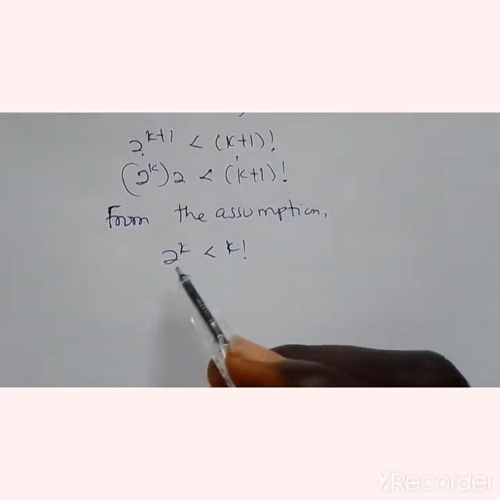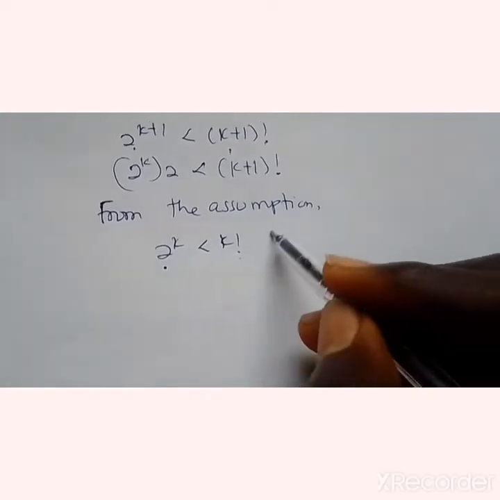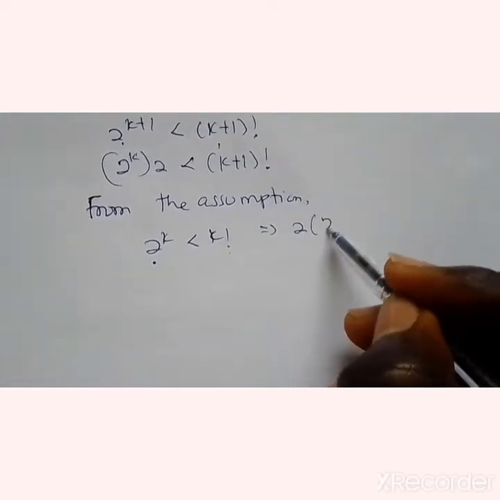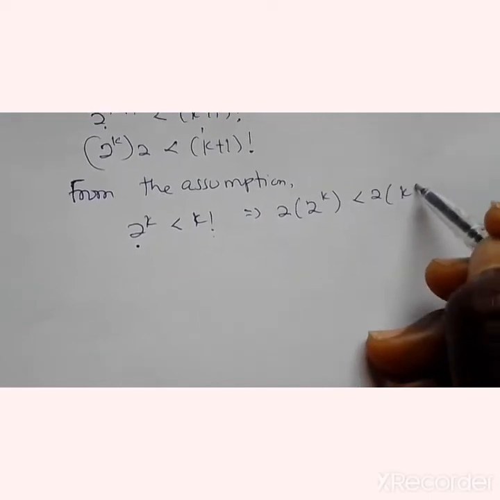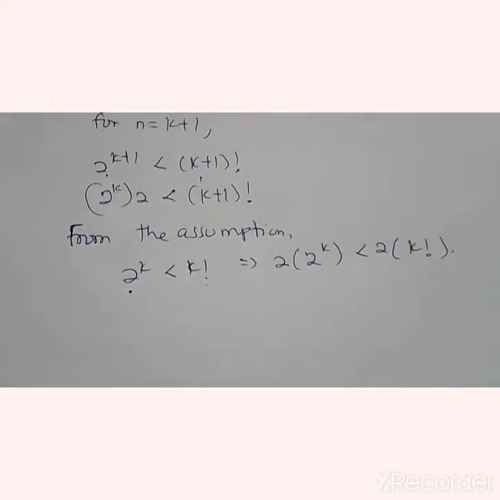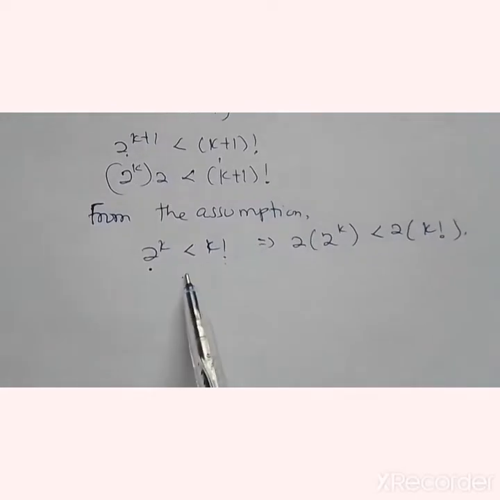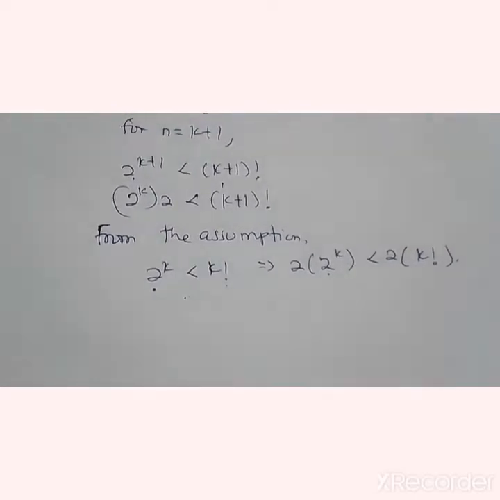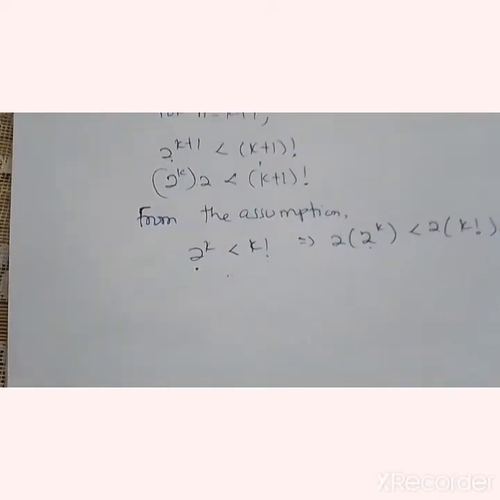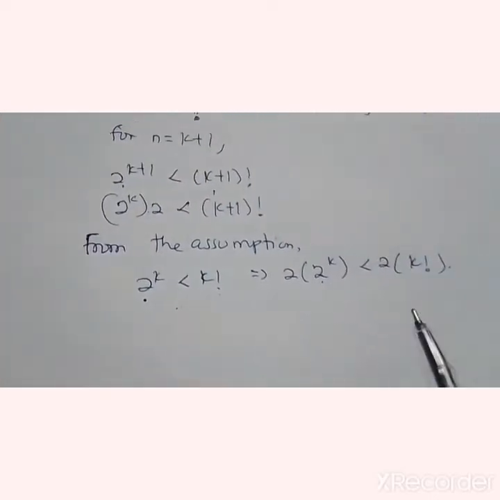If I multiply the left side and right side by 2, I'll get 2 multiplied by 2 to the power k is less than 2 multiplied by k factorial. So I can see that I'm getting this expression also here, and this expression is less than this. So now from the assumption, this is true.